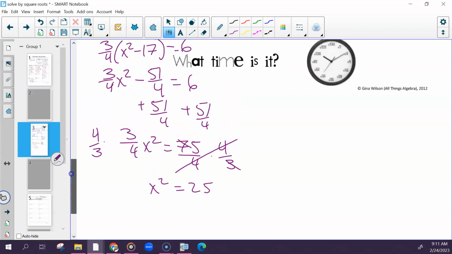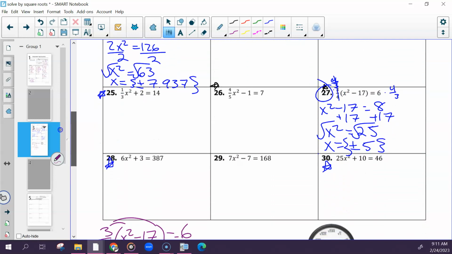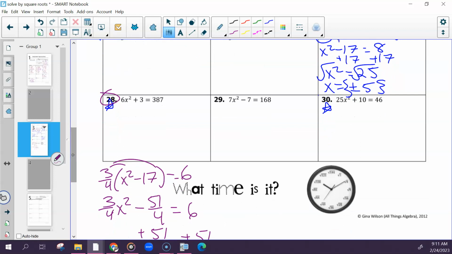Any others we want to see, go over, have questions about? Okay. Okay, so how would we do 28? Subtract 3. 6x squared equals 384.